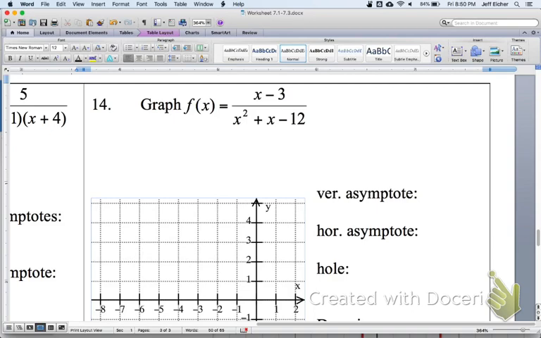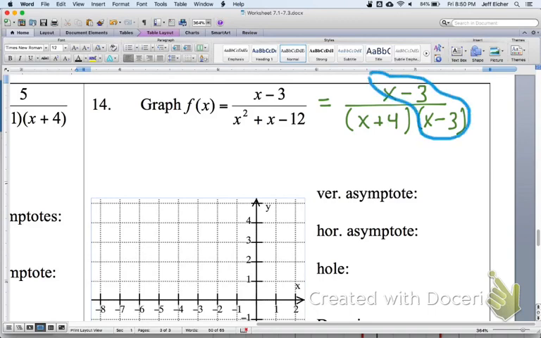And lastly, number 14. Let's factor first. We can factor the denominator as x plus 4 times x minus 3. And we add a minus 3 in the numerator. Really important to realize that these can divide out.